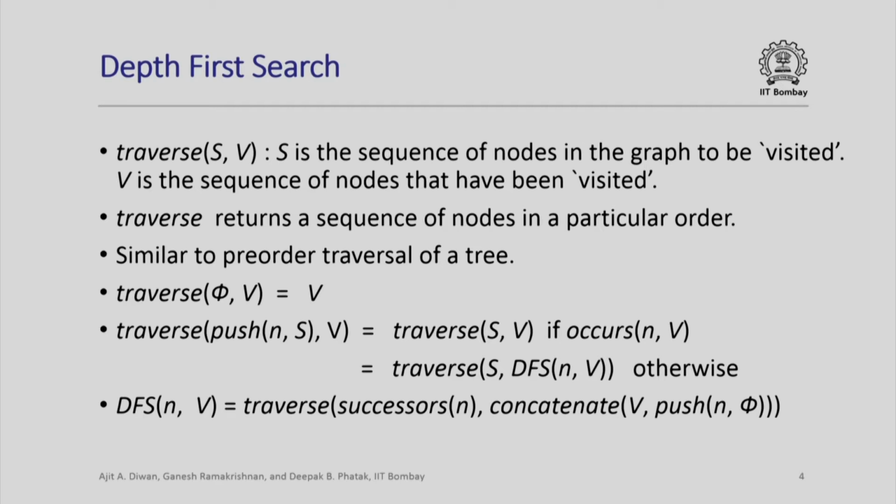So, traverse(phi, V) is V. If no more nodes remain to be visited, then we just return the list of nodes that have already been visited, and that is the final list of all nodes in the graph.